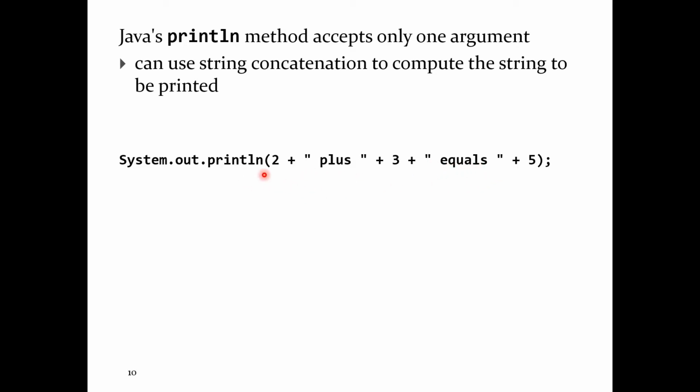And then all this as a string, concatenated with the number 5. So Java converts the string corresponding to 5 and then joins everything together, right? And you get the string 2 space plus space 3 space equals space 5.